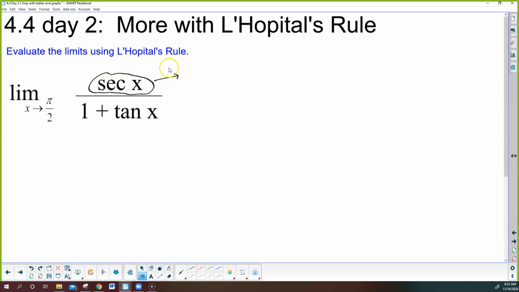You have to evaluate the limit of the top, but you have to write the word limit. If you don't write the limit as x goes to pi over 2, so if you skip this part right here, you're not going to receive full credit. And it's all because we have to be mathematically sound here.